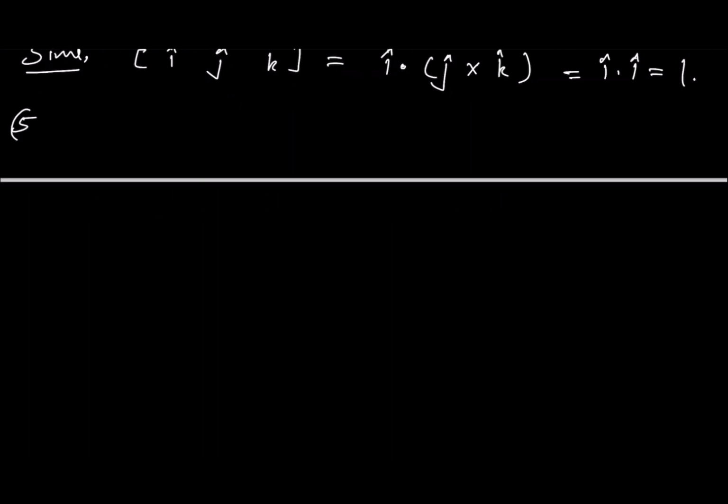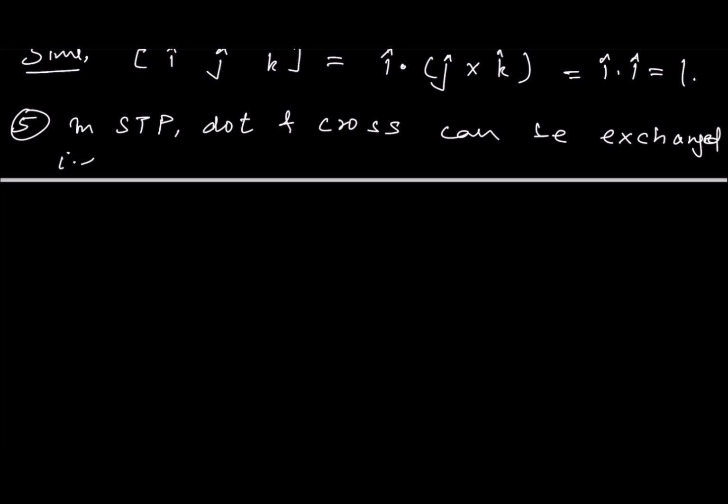Point number 5. In scalar triple product, dot and cross can be exchanged. Okay, that is, I can write A dot B cross C. So I can exchange dot and cross. That is, in B and C we can place dot, and in between A and B we can place cross.